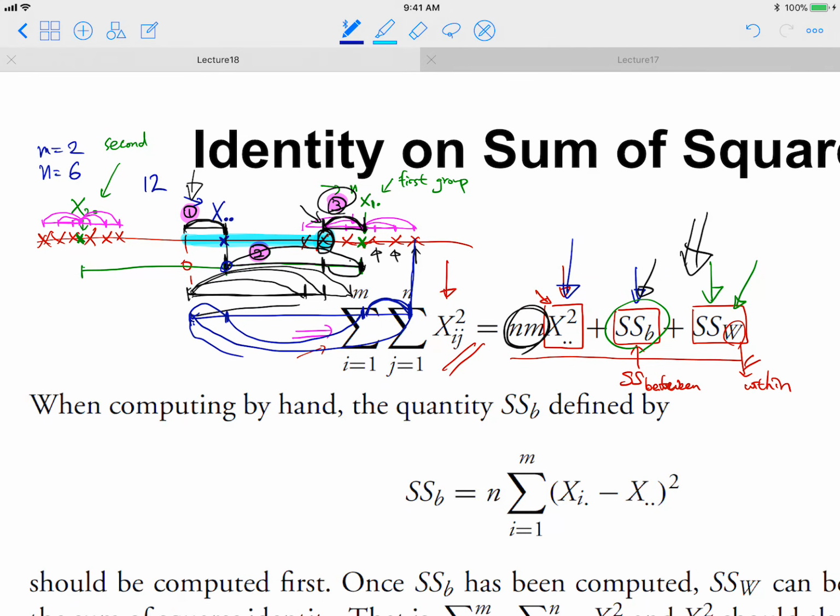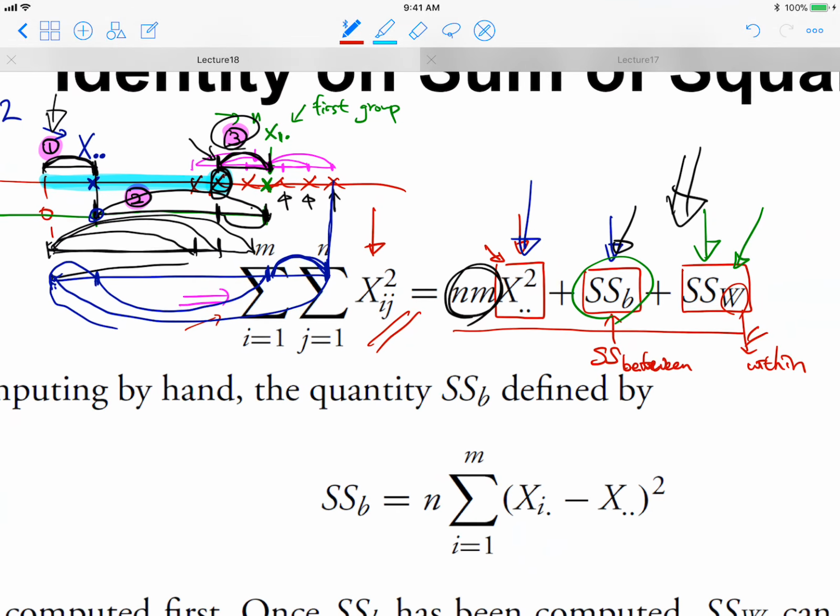So this entire value is corresponding to this left-hand side, and then this value will correspond to this value, and then this value, which is the difference between the global sample mean and the sample mean of the first group is represented in this part, and then also this part. Okay.